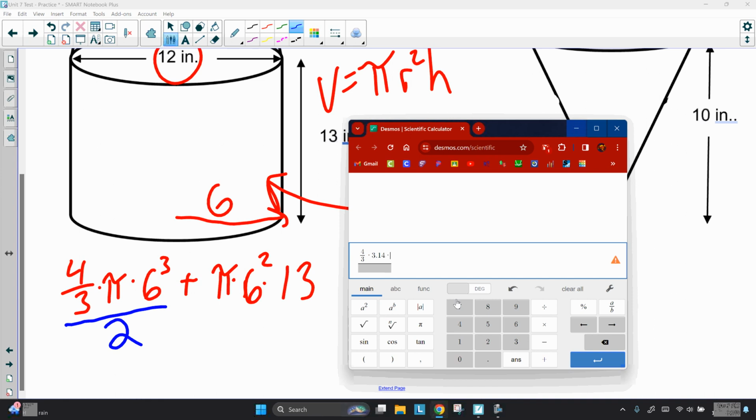That's our sphere, and we need to divide that by 2. Then we add our cylinder, which again is 3.14 times 6 squared times the 13. Again, sorry for the dishwasher. It looks like it's going through its 2nd cycle.